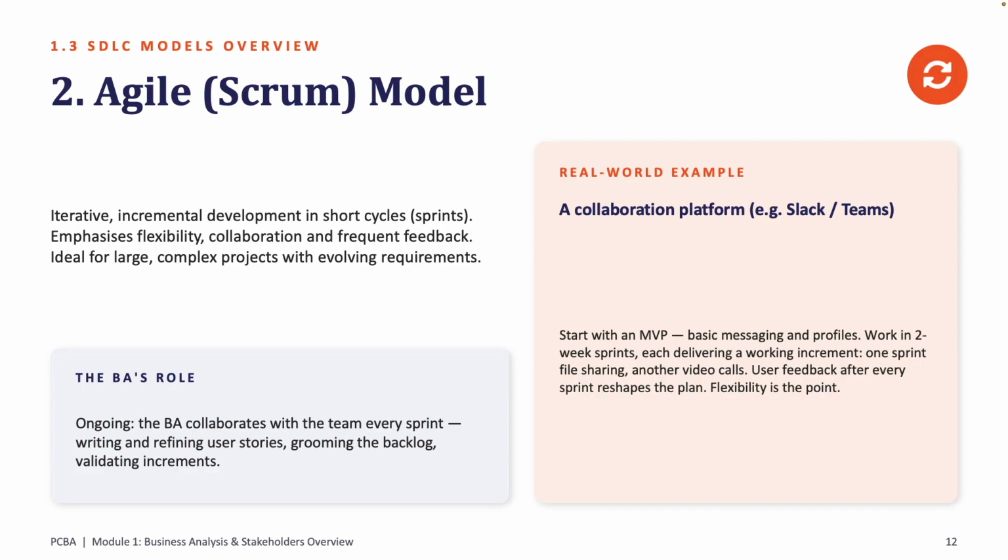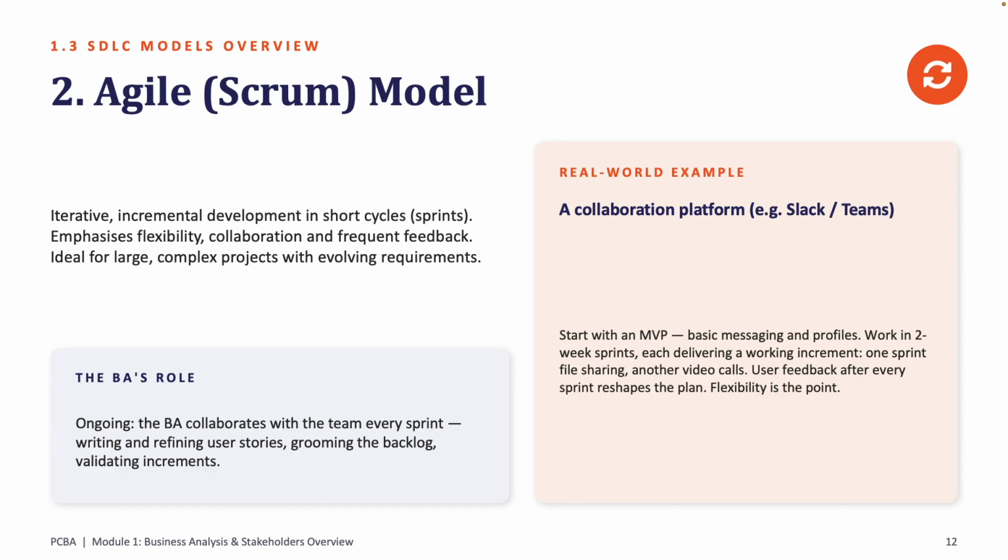we have the agile model, which you'll hear people calling Scrum. It's an iterative and incremental approach where requirements and solutions evolve through what we call collaboration. So it is iterative, incremental development in short cycles.